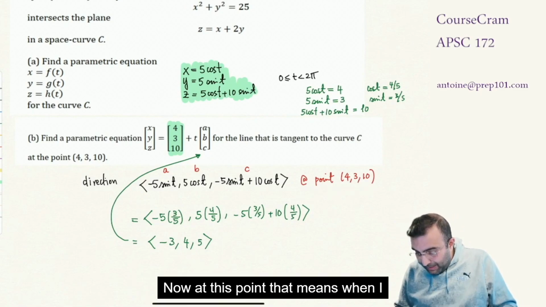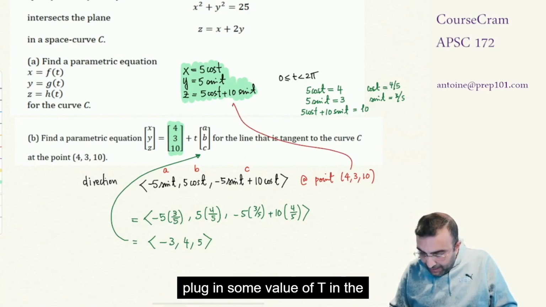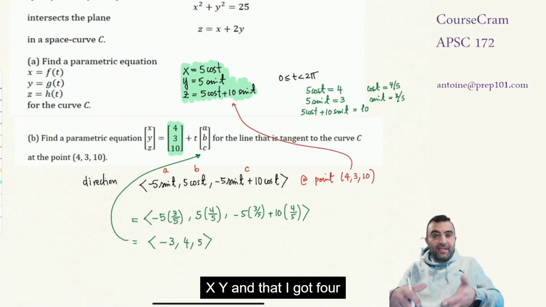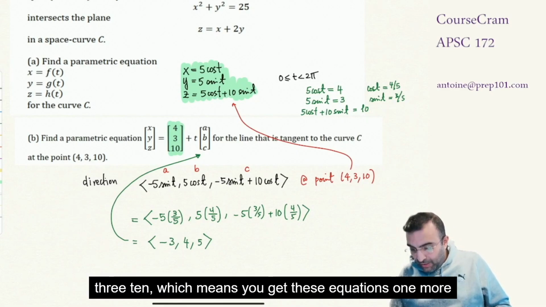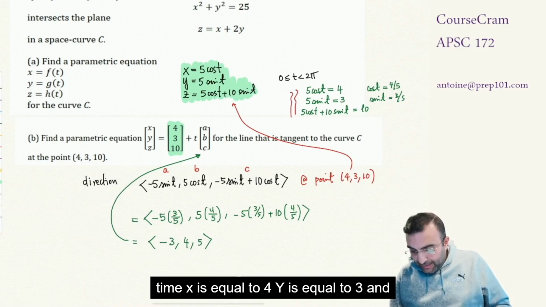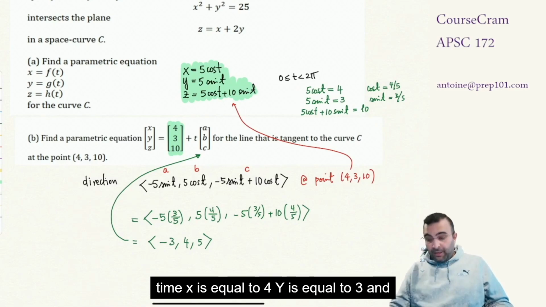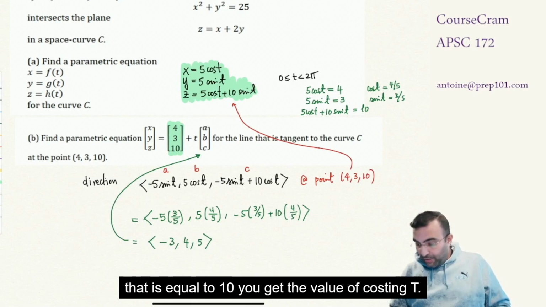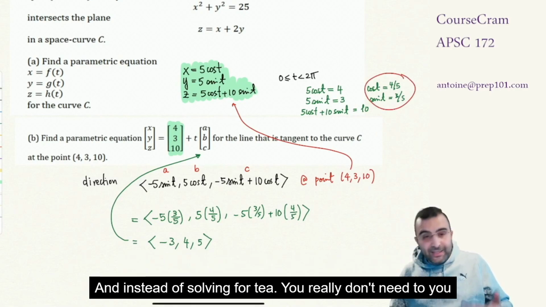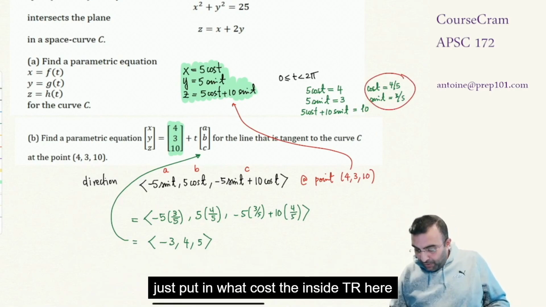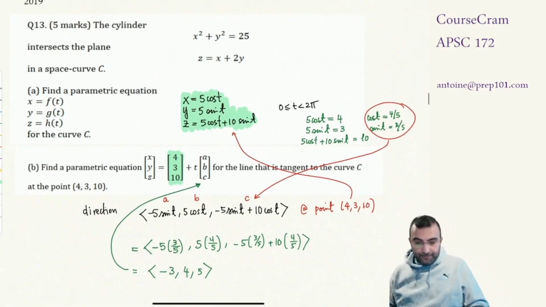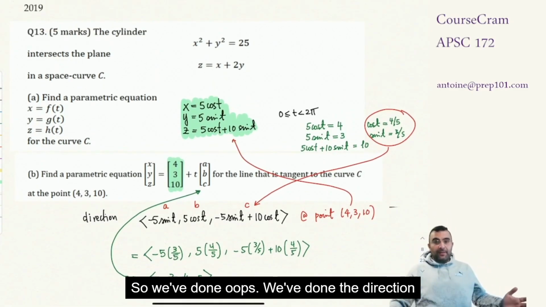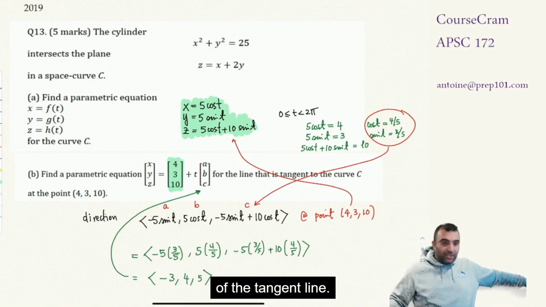Now, at this point, that means when I plugged in some value of t in the x, y, and z, I got 4, 3, 10, which means you get these equations one more time. x is equal to 4, y is equal to 3, and z is equal to 10. You get the value of cos t and sine t, and instead of solving for t, you really don't need to. You just put in what cos t and sine t are here, and that gives you the direction of the tangent line.